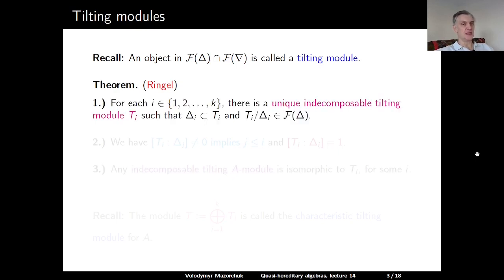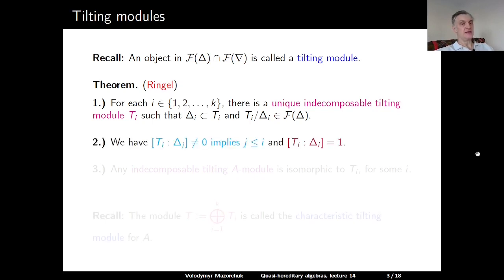For each index i between 1 and k, there is a unique indecomposable tilting A-module Ti with the following property. The module delta i is a submodule of Ti, and the quotient of Ti by delta i has a standard filtration.